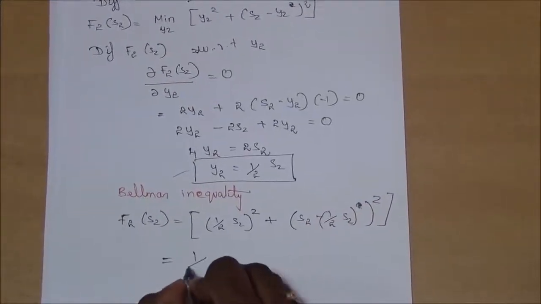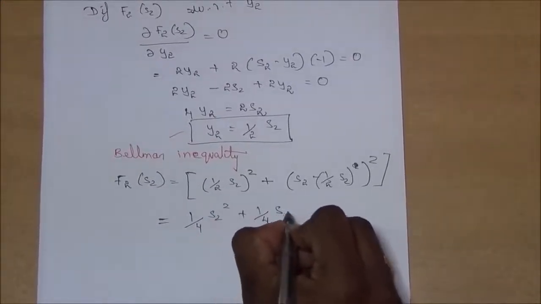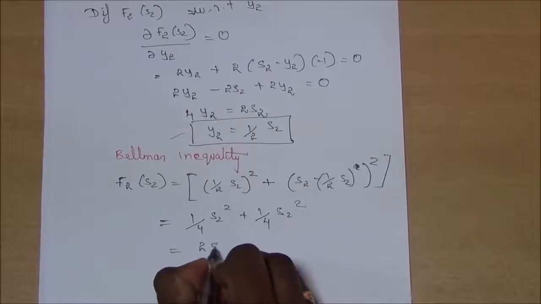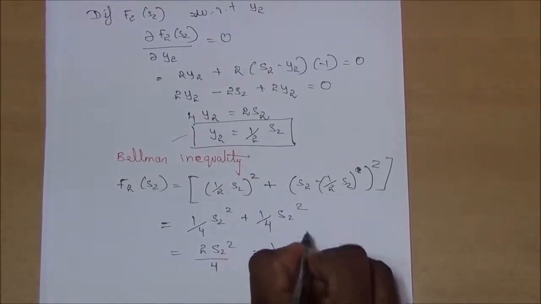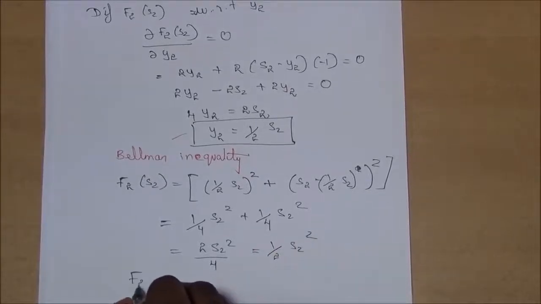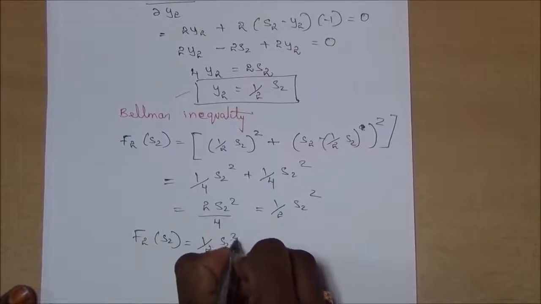Solving this equation, 1 by 4 s2 square plus 1 by 4 s2 square, that is 2 s2 square by 4, which is 1 by 2 s2 square. So we have calculated the f2 value as 1 by 2 s2 square.